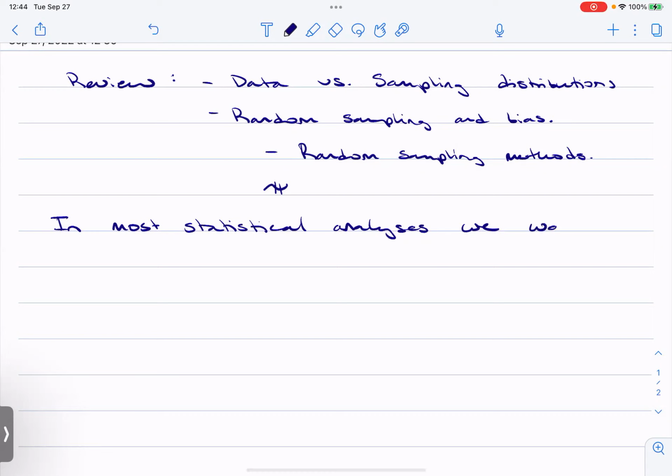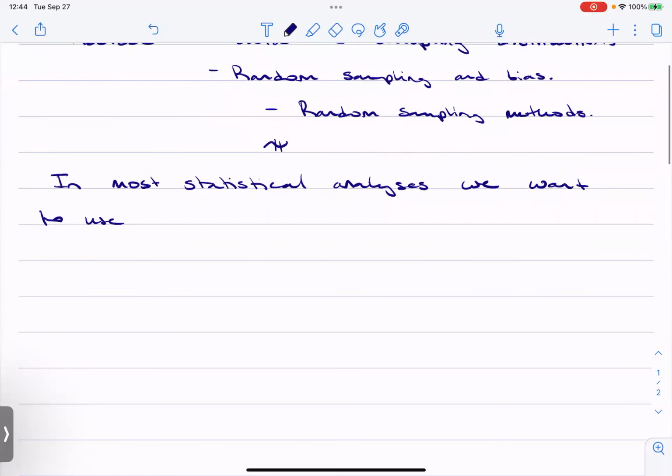So we want to use a sample statistic, although if I say statistic, it's implied that it's from the sample because that's the definition.